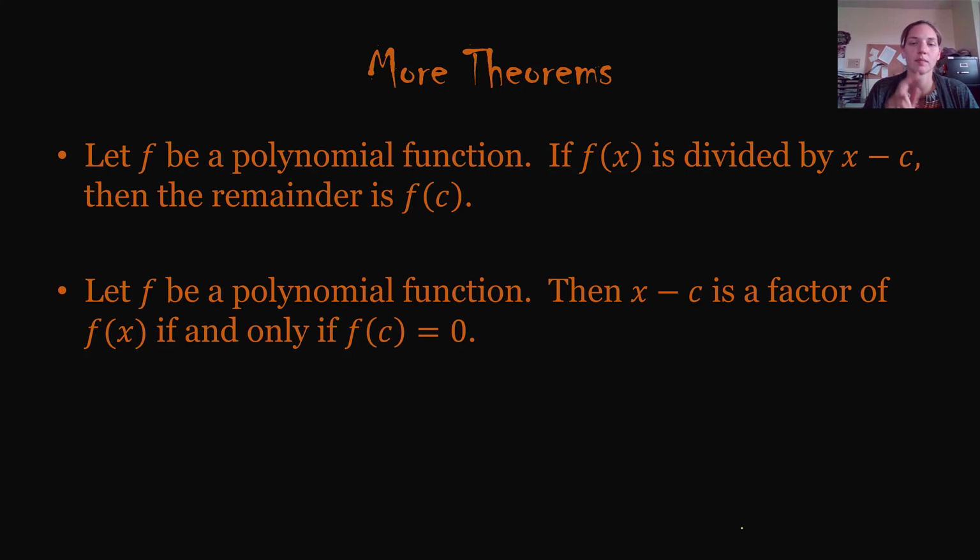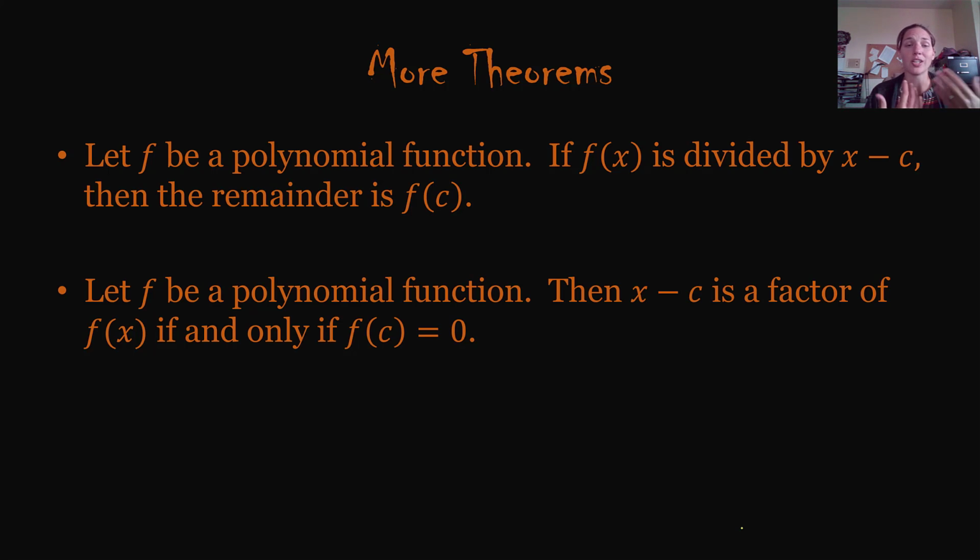Now, 2 more theorems. We're going to let f be a polynomial. If f of x is divided by the quantity x minus c, right, that linear factor, then the remainder is f of c. What is nice about that is we can turn that around and say, okay, if x minus c, this linear quantity, is a factor, then f of c equals 0.